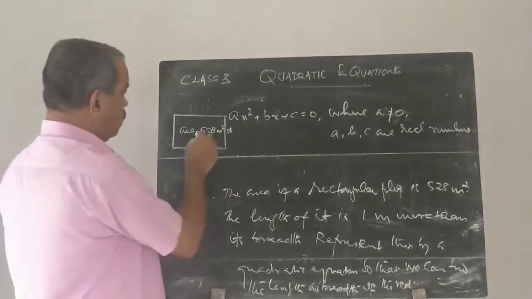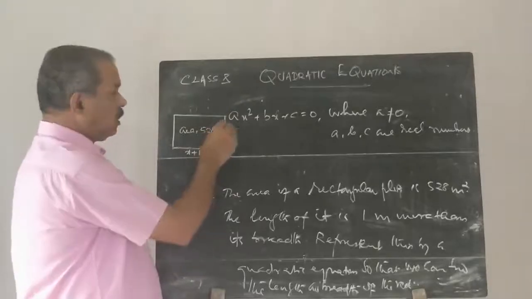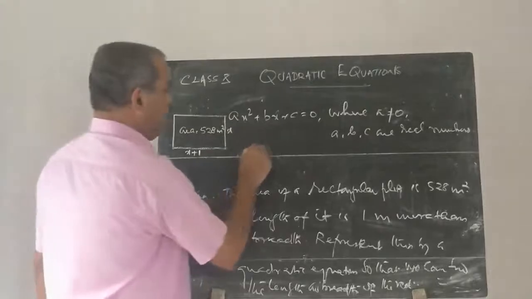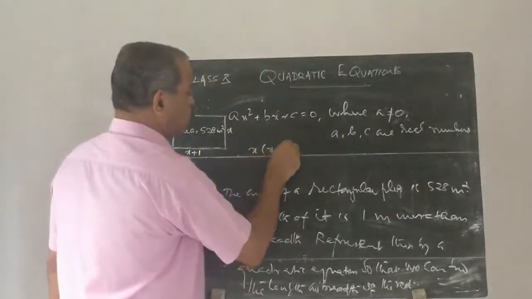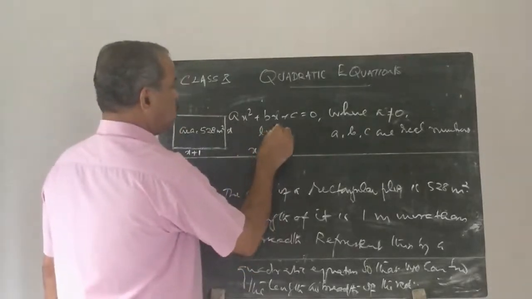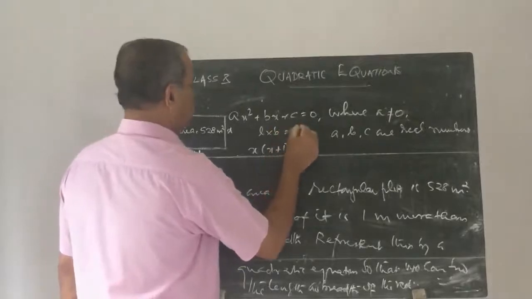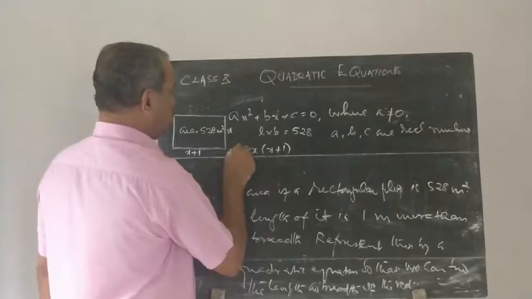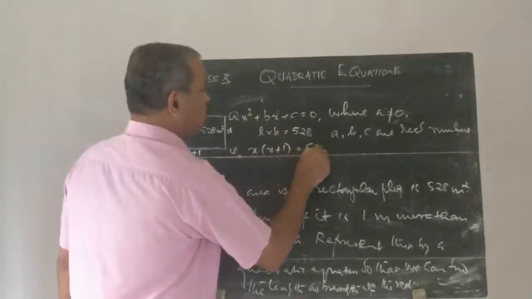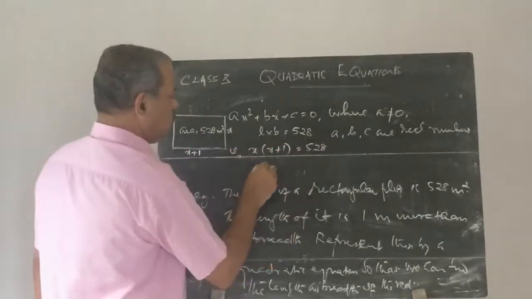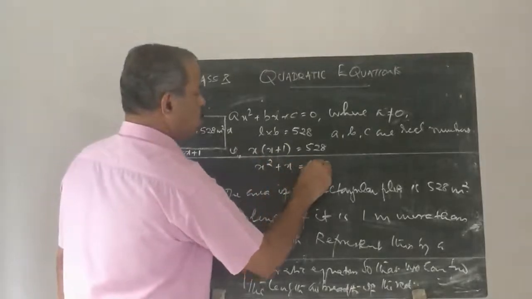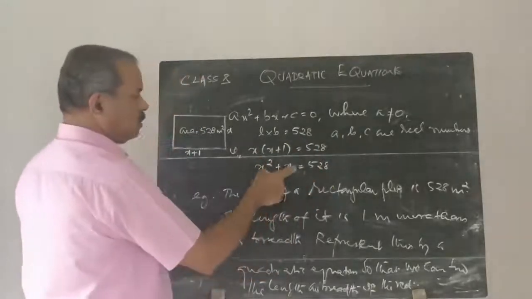Now area equal to 528. Length into breadth is the area. That is x into x plus 1, length into breadth equal to 528. So x into x plus 1 equal to 528, x square plus x equal to 528.